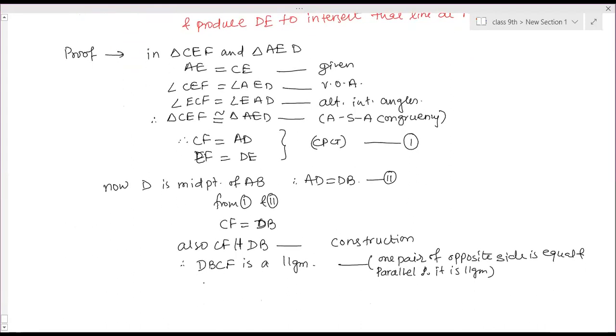Now what is D, E, and then F we have taken. So DF is parallel to BC. This means DE is parallel to BC.